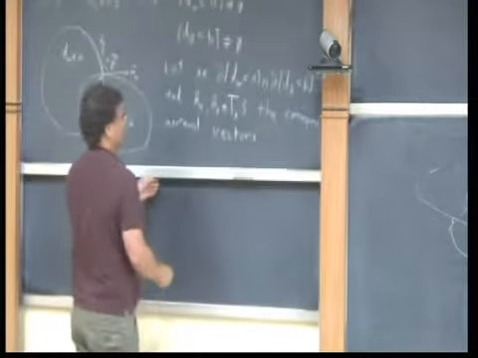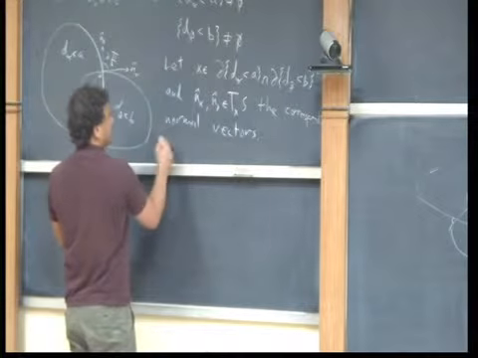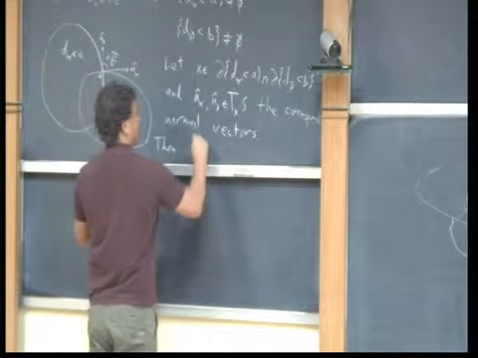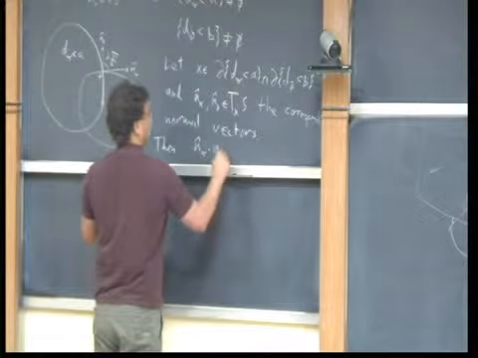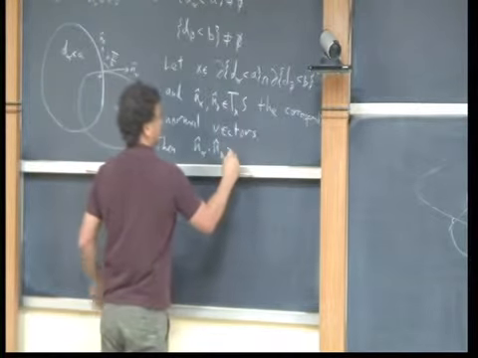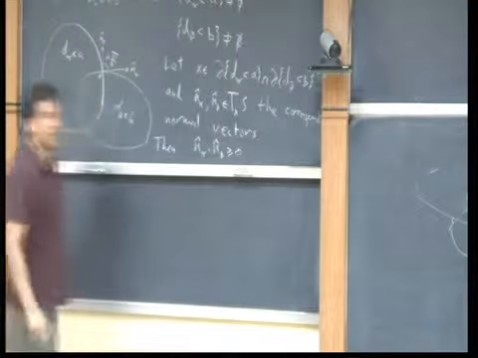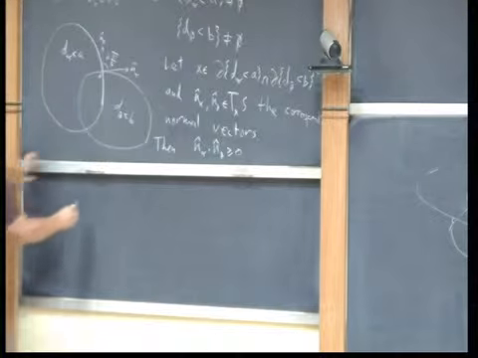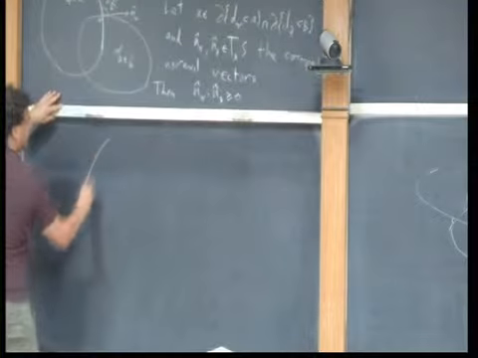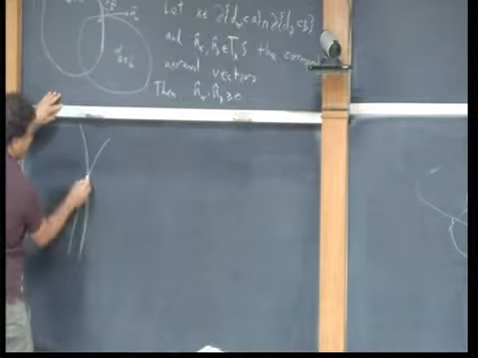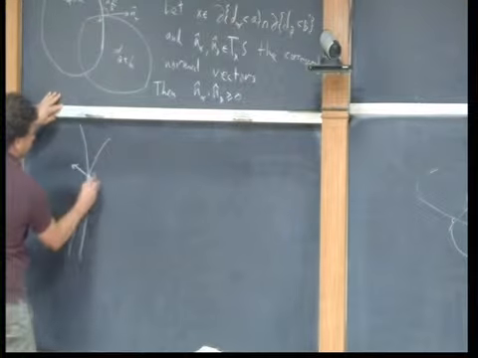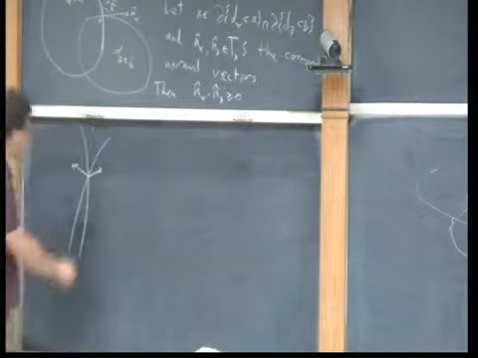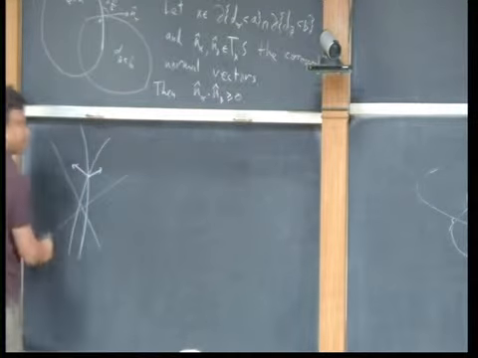Then the lemma: the inner product of n_alpha and n_beta is non-negative. So the angle cannot be too small. Negative means that the picture is like this, so this normal is pointing here and this normal is pointing here, then the product will be negative. So this is not the case.